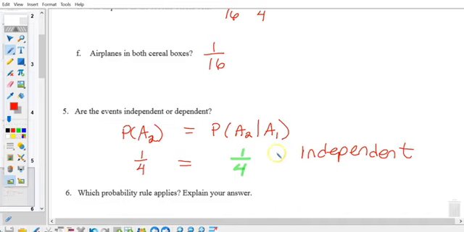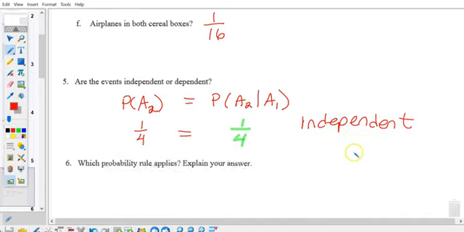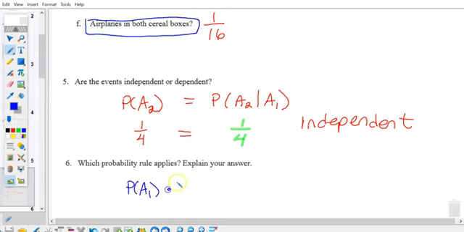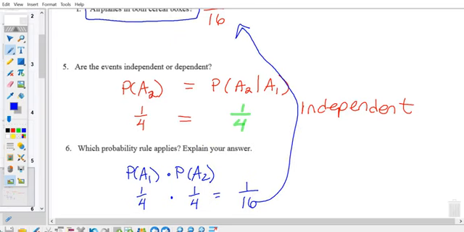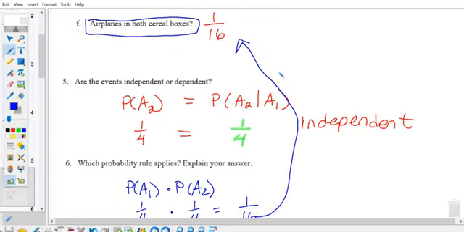Which probability rule applies? So if we compare, if I look here at both cereal boxes, airplane in the first box, probability of airplane in the second box, this was 1 out of 4, this was 1 out of 4. If I multiply, we get that 1 out of 16, like we got here, by looking at our sample space.